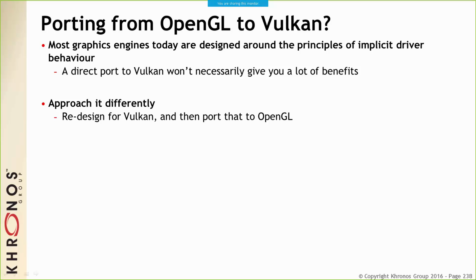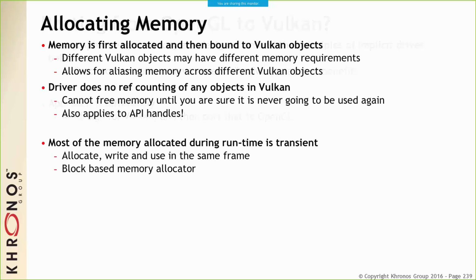So the first thing we have to deal with, obviously, is memory. In GL, we don't really care about that because we create textures, we create buffers. It's allocated for us, and the driver will handle it. It may page out stuff, do bad things performance-wise, but it should work. But in Vulkan, we have to write our own memory allocator from scratch.